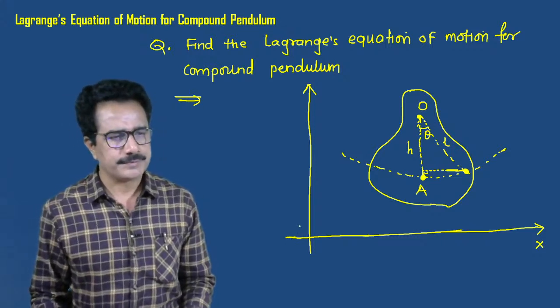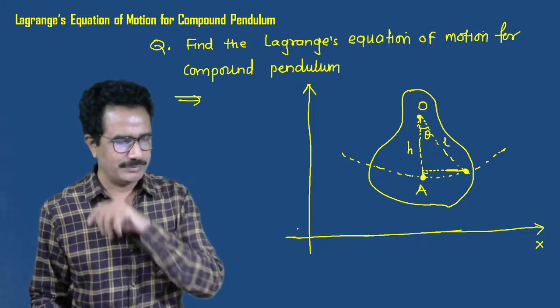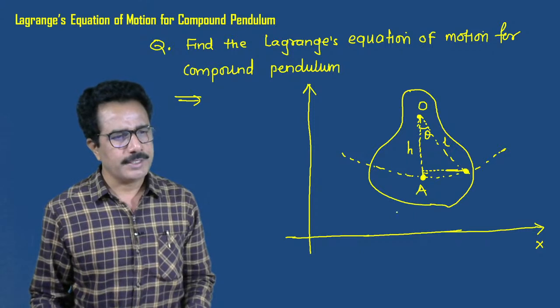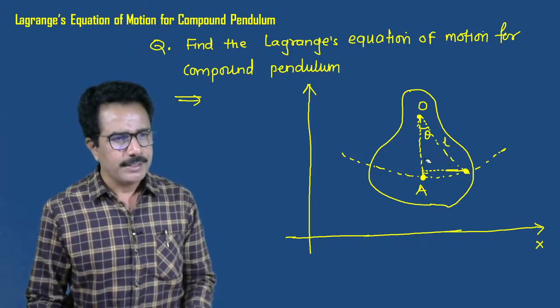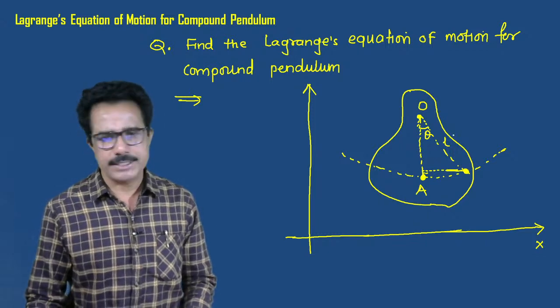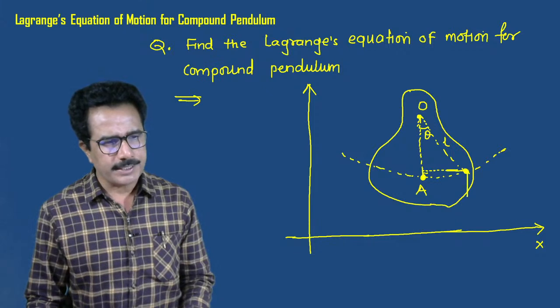This gives the deflection theta, and the moment of inertia is considered with a fixed L. So we can take the point here, mg.